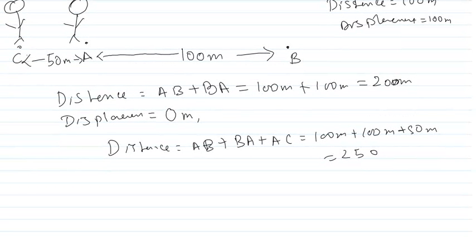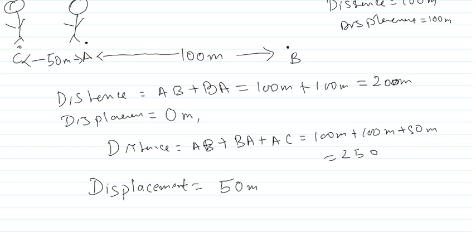What will be the displacement? The initial point is here and the final point is here, so the length of the straight line drawn between A and C is 50 meter. But displacement is a vector quantity, so there is a direction associated with it.